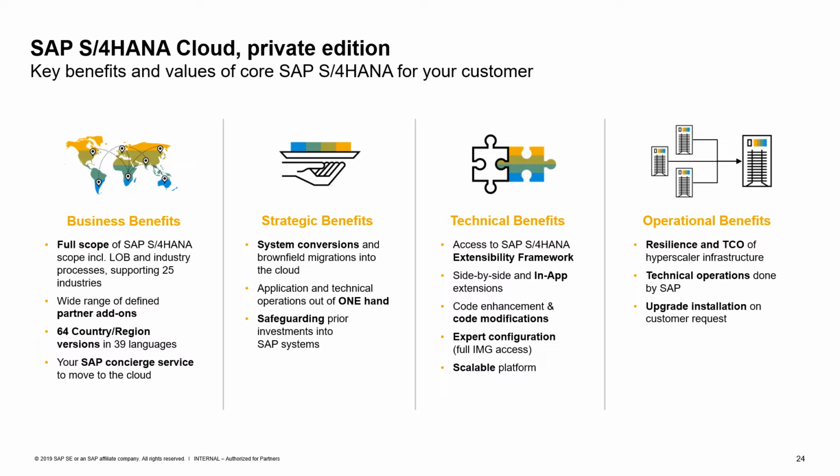The application and technical operations are out of one hand. So that is what SAP provides as part of the subscription fee. And then there's safeguarding prior investments into the SAP systems. Next are the technical benefits. Access to SAP S4HANA Extensibility Framework.